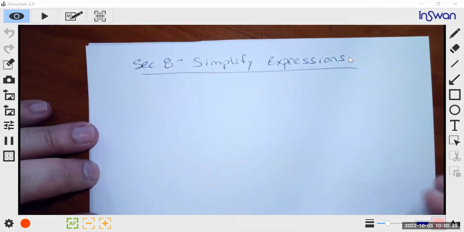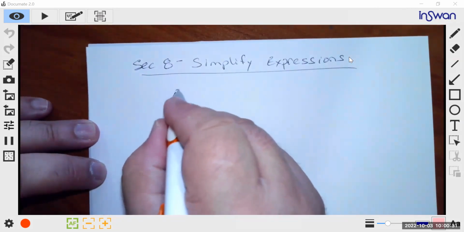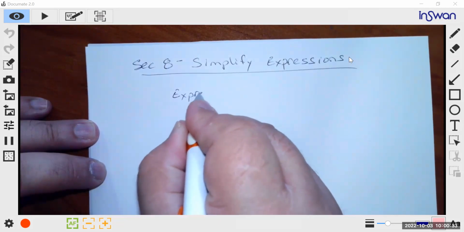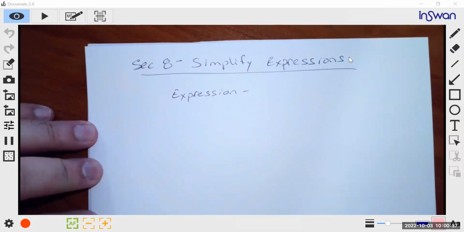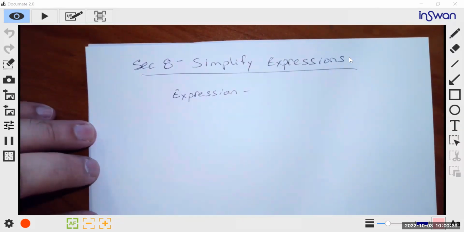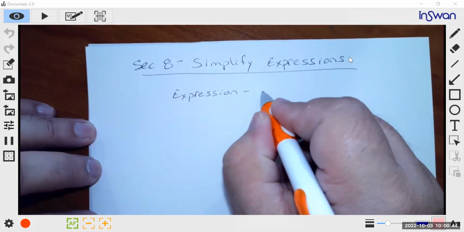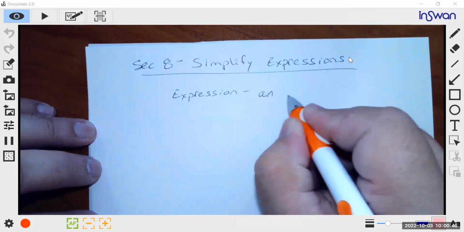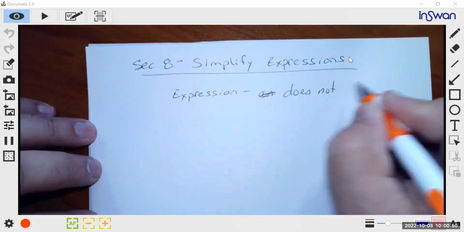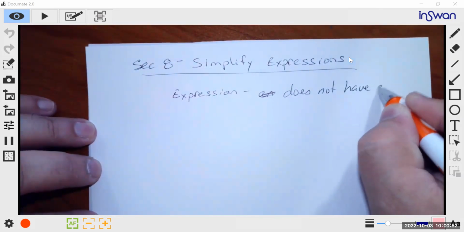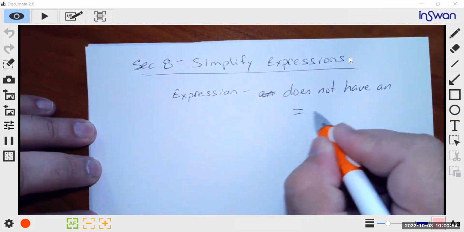Remember, what's an expression? What's an expression? Very good. Does not have an equal sign.